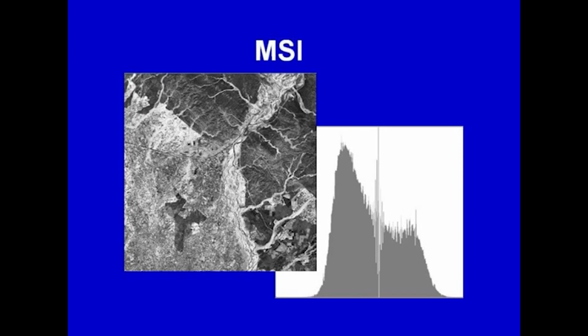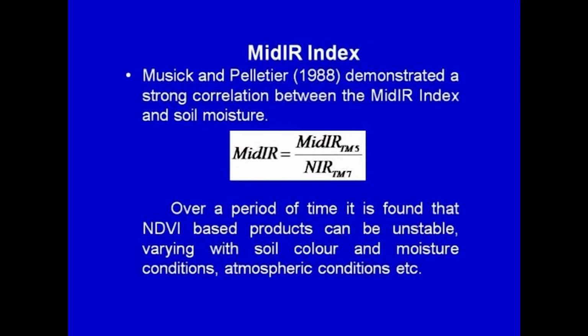The next index is the Middle IR index developed by Musick and Pelletier in 1988, wherein they found that a strong correlation between the middle infrared index and soil moisture exists. Thus, they took a ratio of the TM5 to TM7.